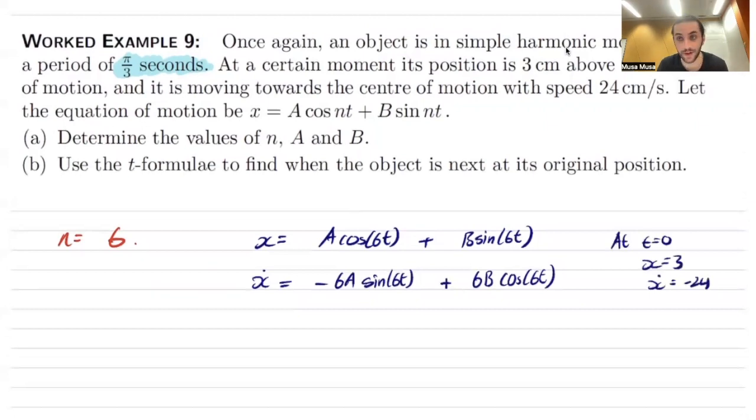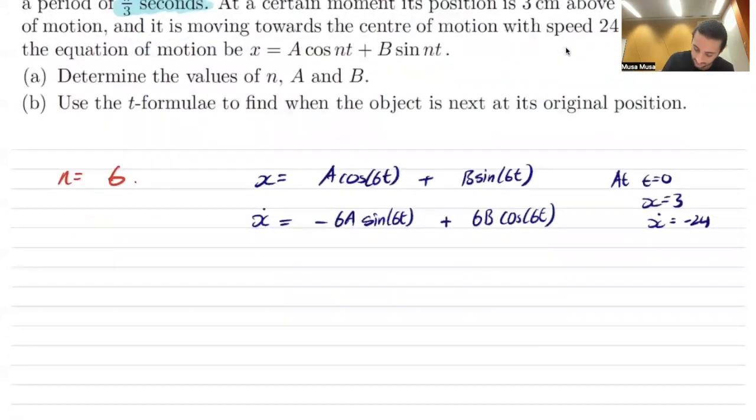I think this helps you find your a's and b's, because for the first one, 3 equals, and when you sub in 0, cos of 0 is 1, and sine of 0 is 0.